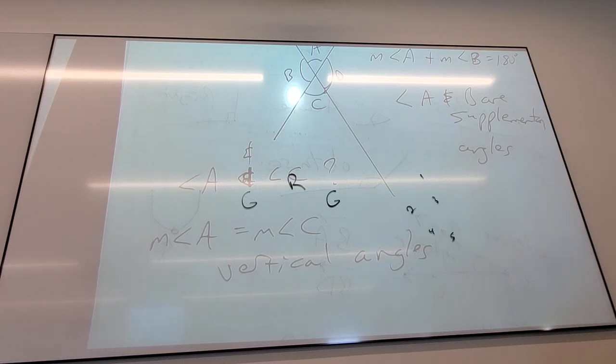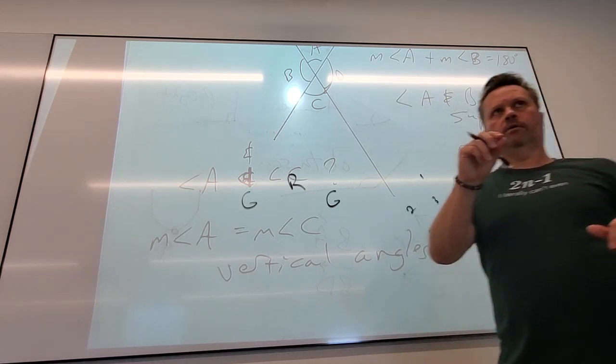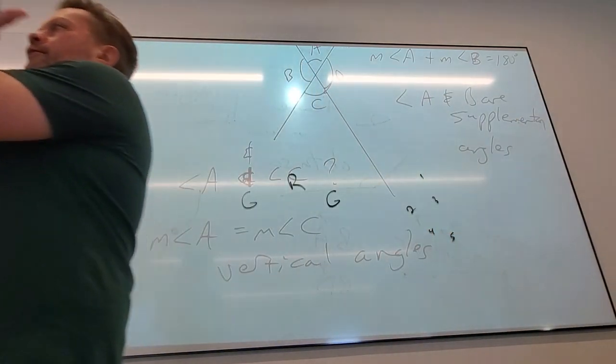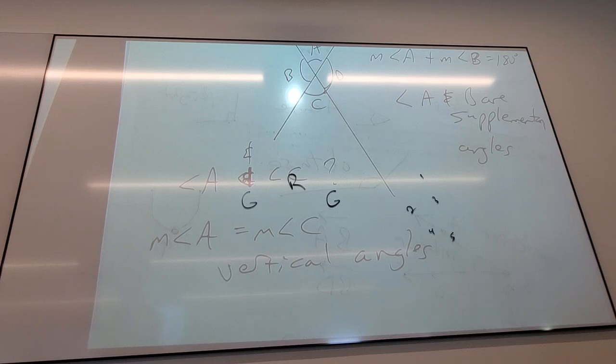So those are two angles that are equal in measure because they are vertical angles. So whenever you have vertical angles, they will be equal in measure. So anytime you have one line intersecting another line, the angles across, so of course B and D are also the same measure, they are also vertical angles.